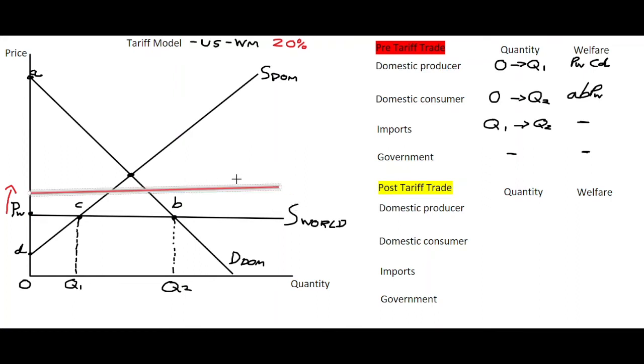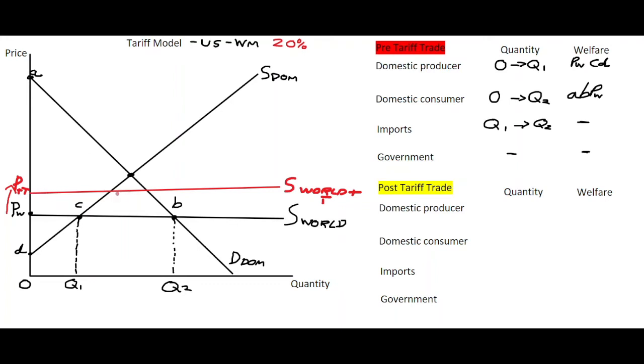And that is represented here by the red line, and that red line represents supply in the world plus our tariff. And because that increases the price, we now have a new price in our model, which is plus the tariff. So a higher price level indicated here.